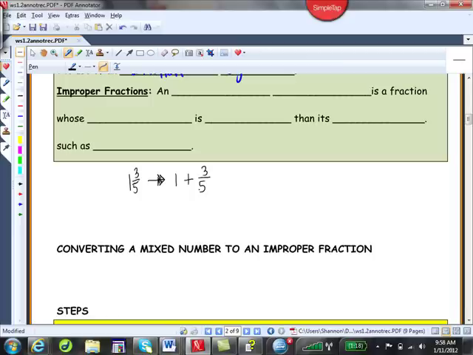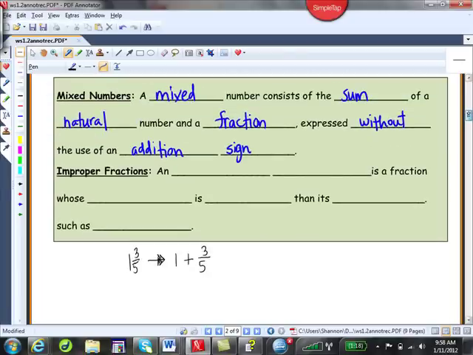There's an implied addition sign when you have a natural number with a fraction right next to it, as long as there's no parentheses around that fraction. Okay? So let's come back here to the definition for improper fractions, and let's just kind of highlight so you can see, this is a mixed number.